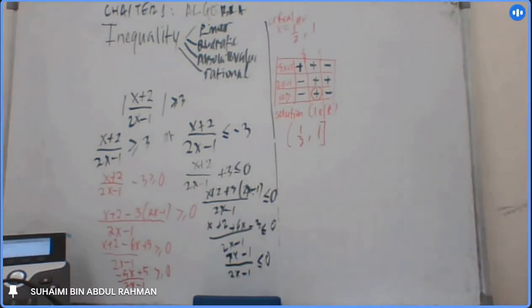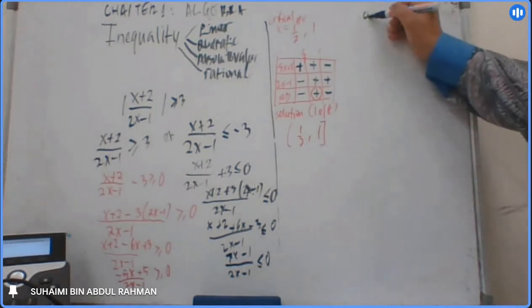Less than or equal to 0. Now, our right, critical numbers.